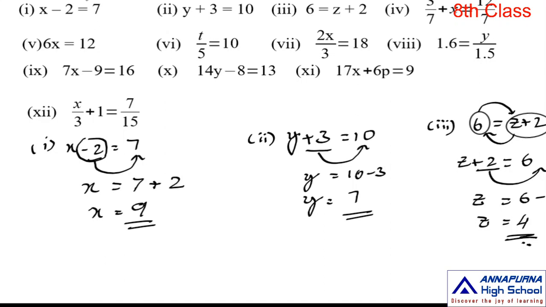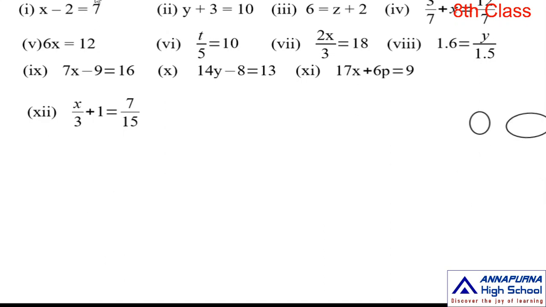And when you come to the fourth equation, the fourth equation is 3 by 7 plus x is equal to 12 by 7. Okay, do you observe any changes between the first three equations and the fourth equation? Yeah, there is a small difference. What is that?